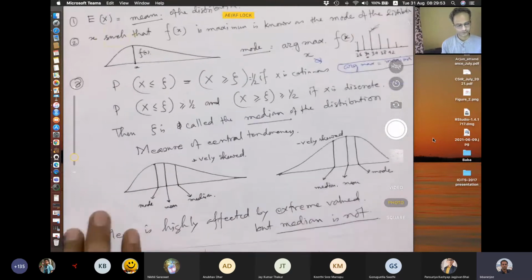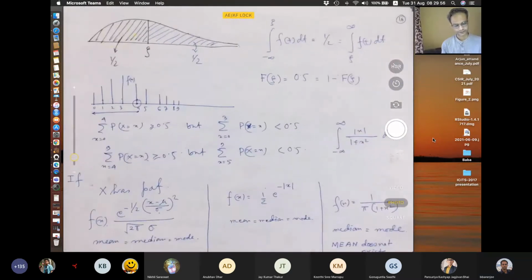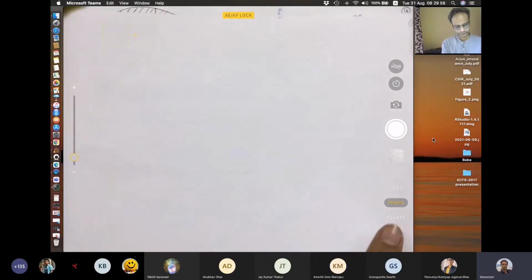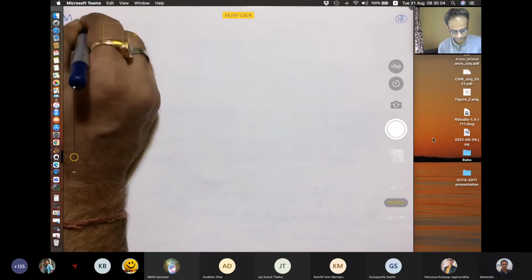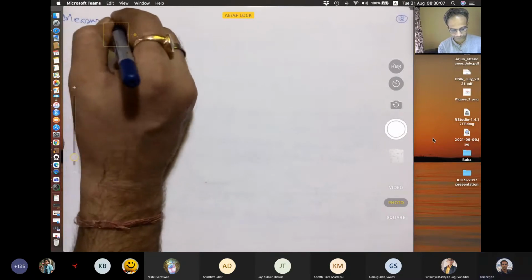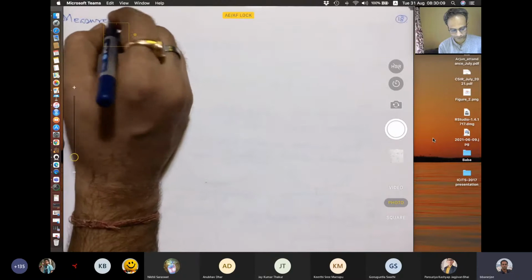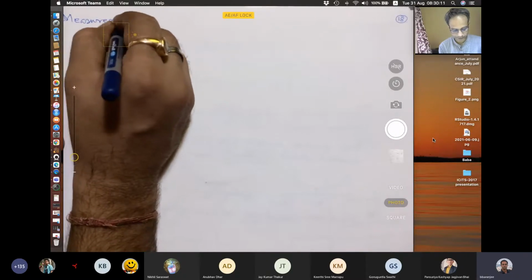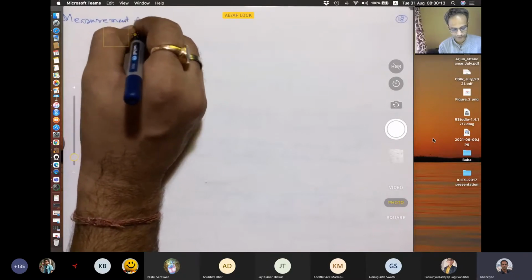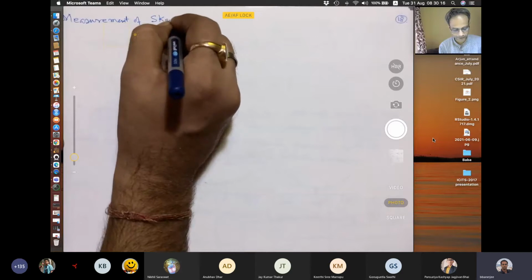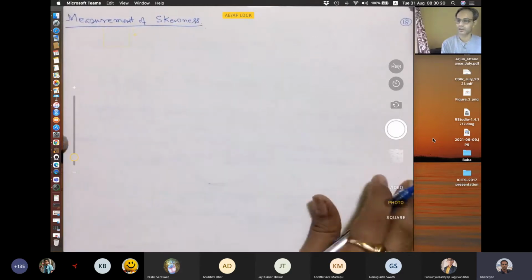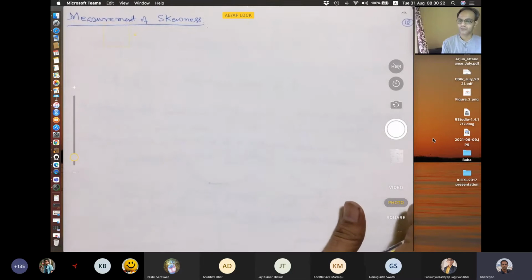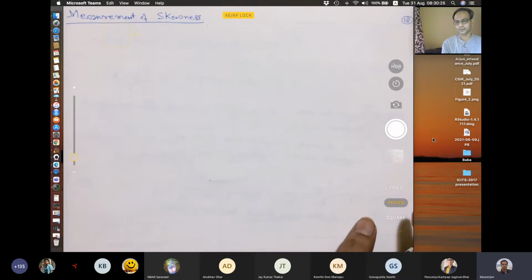So we are going to measure the skewness, that means how much skewed. You need to quantify it. If you cannot quantify it, you cannot use it in statistics.